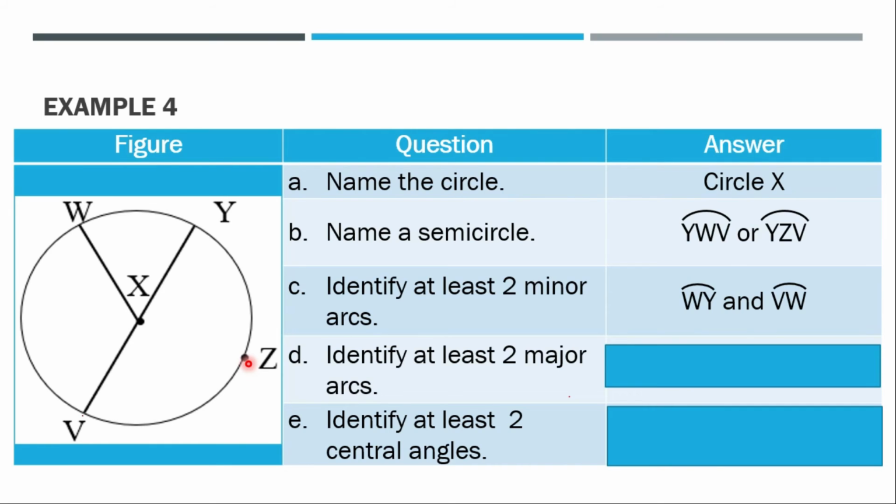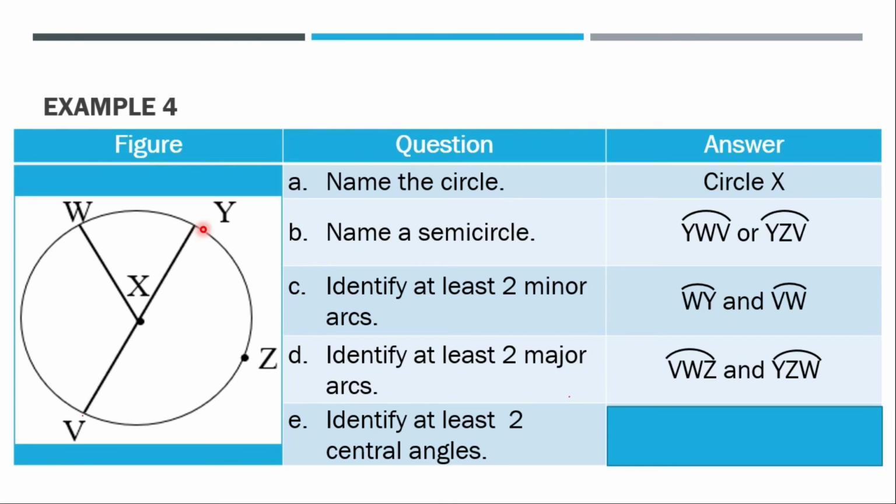So, ano ba yung dalawang major arc natin na nakalagay dito? We have VWZ. So yung endpoints ay nasa V at Z. Next is yung YZW. So yun yung ating dalawang major arcs.